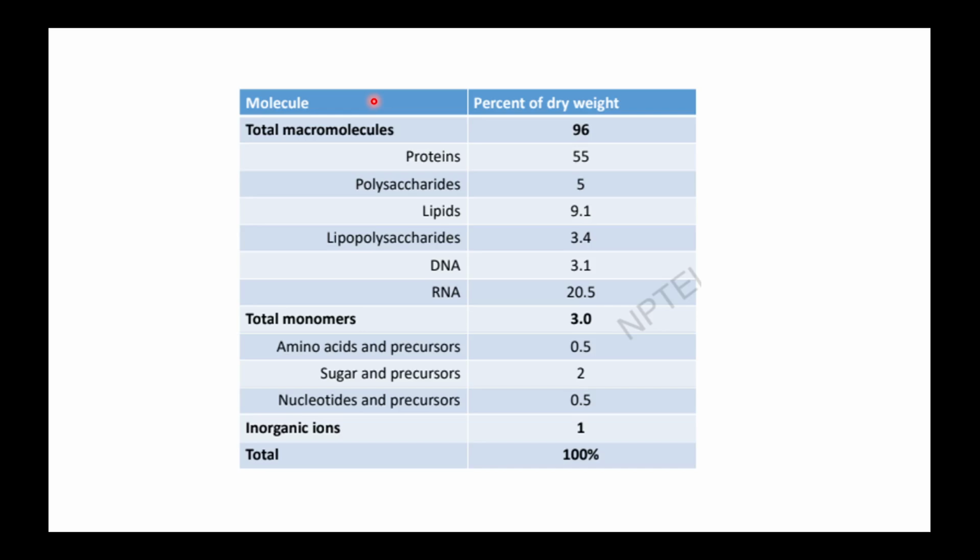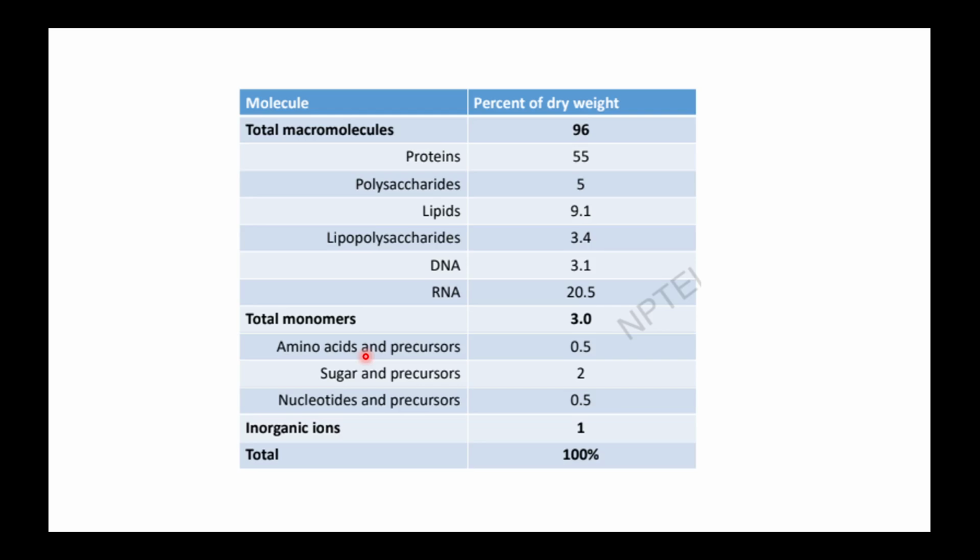Then comes the RNA, which is 20.5%. Then we have other macromolecules like polysaccharides, lipids, and lipopolysaccharides. Other than the 96% of macromolecules, we have 3% of monomers, which are the structural units of these macromolecules. For proteins, amino acids and precursors are the monomer units.